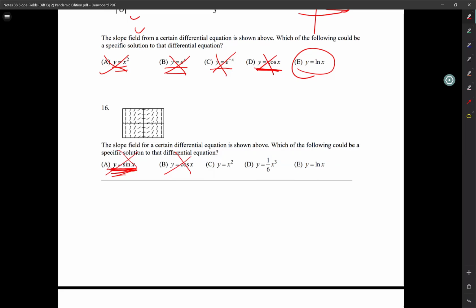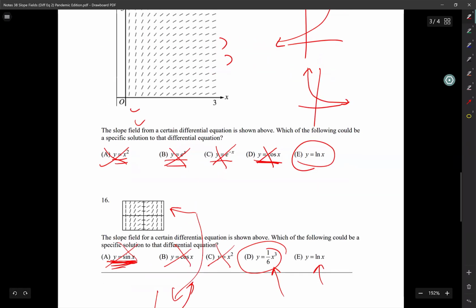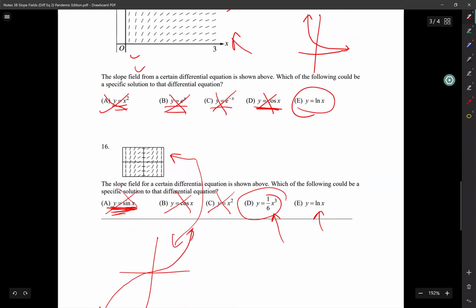Does it look like I have parabolas in there? Does everyone know how a cubic function looks? Does that look like it could fit that? Yeah, there it is. And we just talked about that one. It can't be that one because it has to look like this for ln x. So there it is, guys.